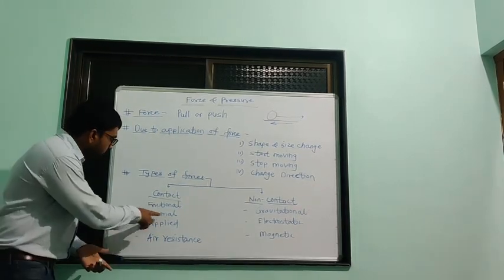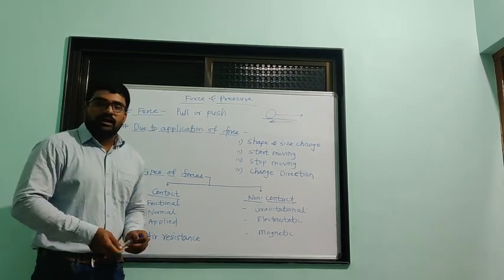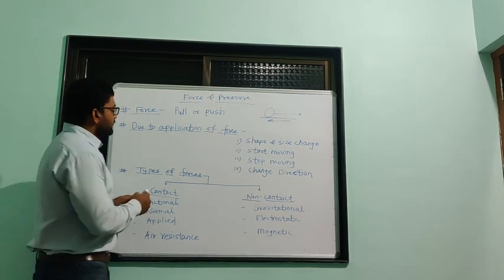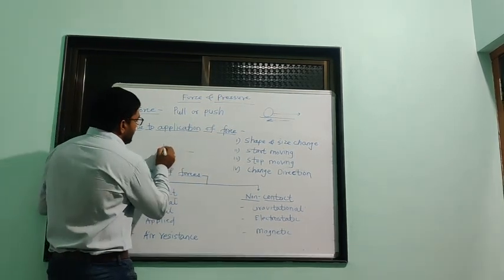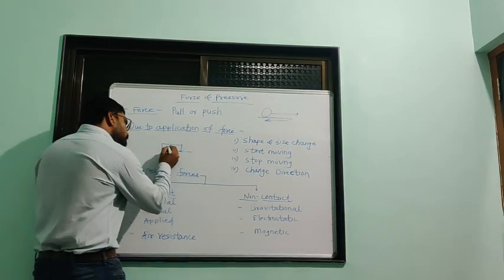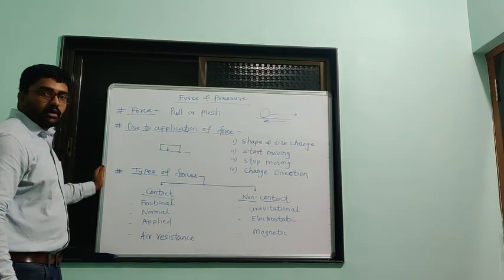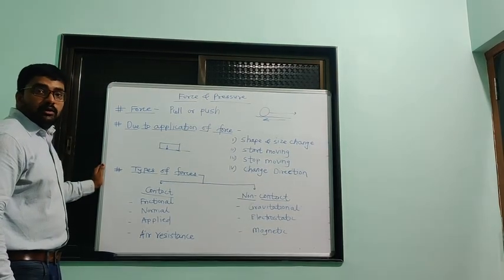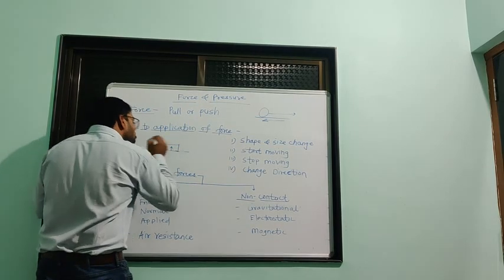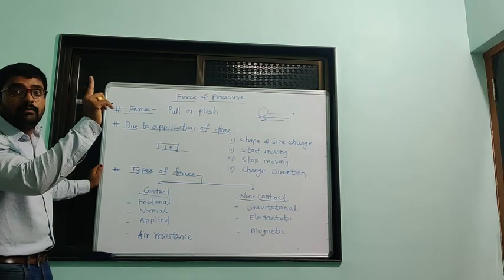Next is normal force. Suppose I take one book and put it on a table. Suppose this is our table and I place one book over here. The book applies a force downward on the table. Then the table also applies an equal and opposite force upward on the book.